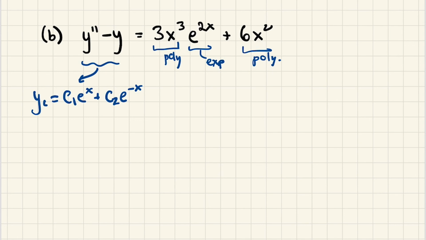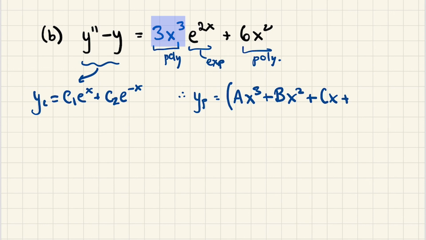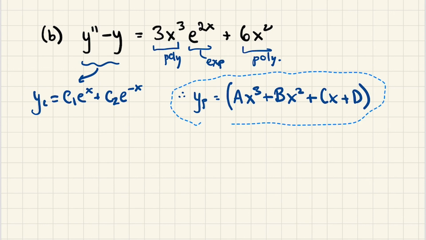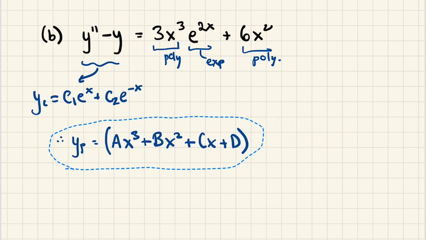So it's actually easier in this case to leave it the way it is and simply write that our particular trial solution here is going to be the polynomial, the 3x cubed, well, its most generic version is ax cubed plus bx squared plus cx plus d. I think we're going to need a little more horizontal clearance, so let's move this over right there.